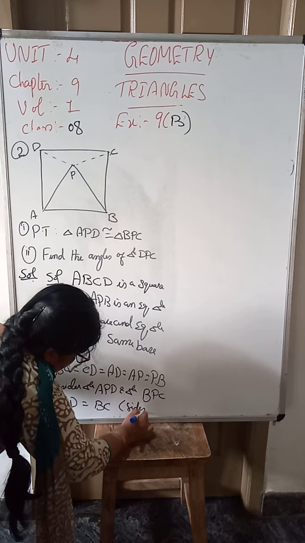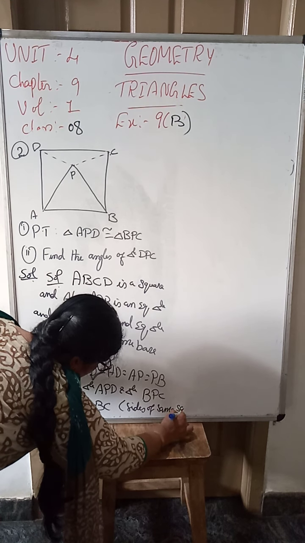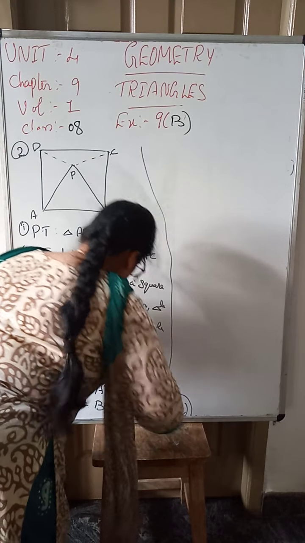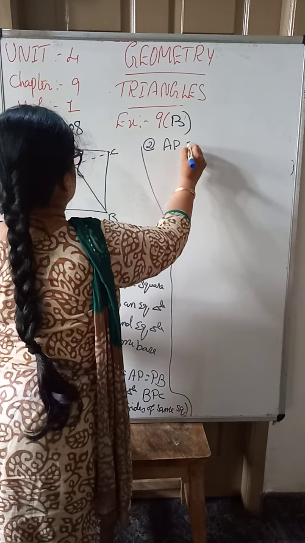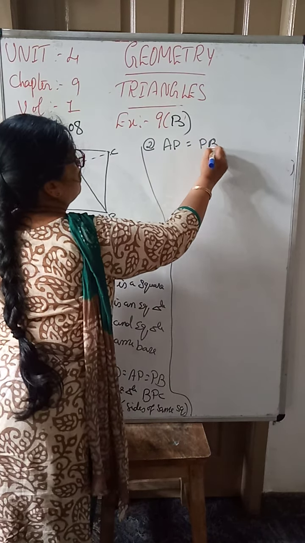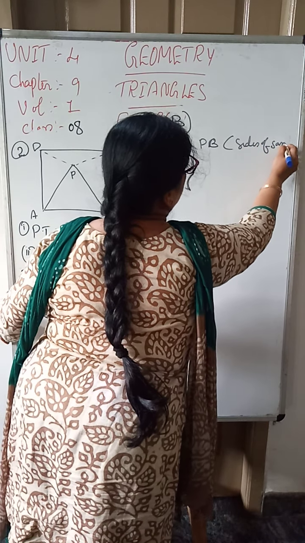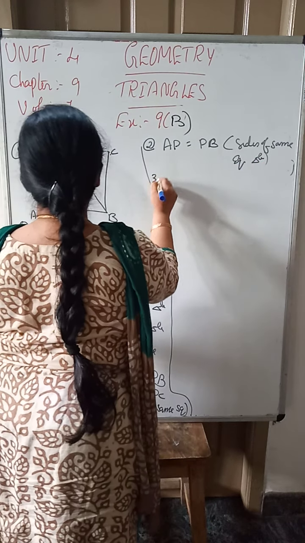Reason: sides of the same square. Now, AP is equal to PB. Reason: sides of the same equilateral triangle.